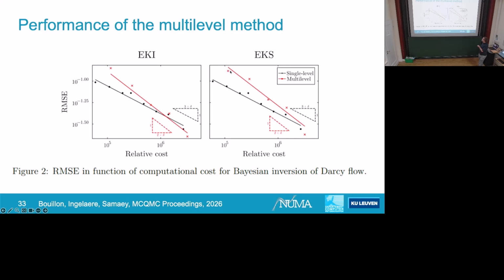The rate at which the root mean square error decreases as a function of cost is higher for the multi-level than for the single-level Monte Carlo. But if you have relatively low cost per sample, you don't win. You only win if the problem is expensive enough for this method to pay off. Because if you don't need the accuracy, you don't need the final limit, etc.